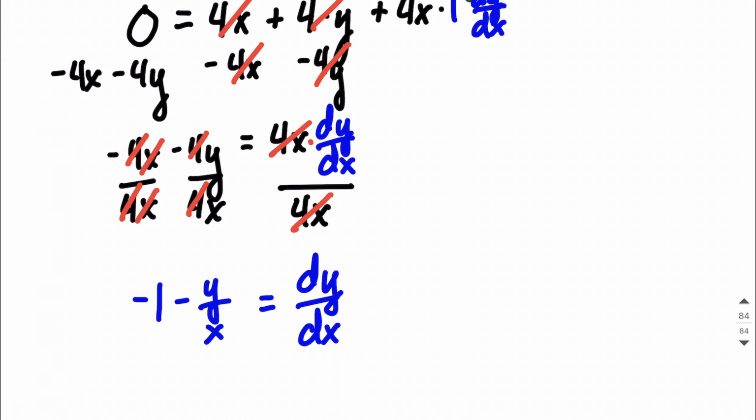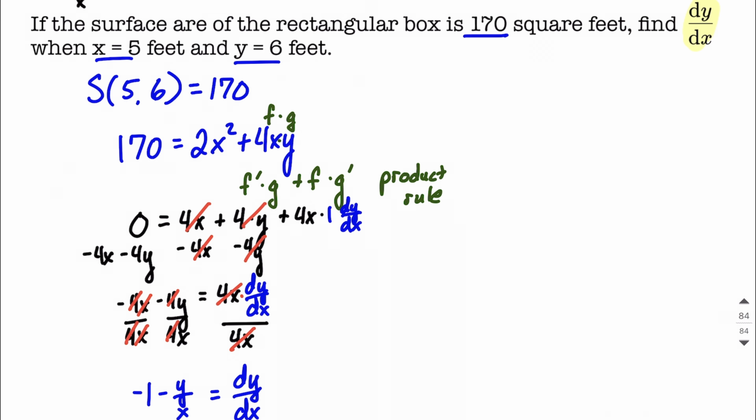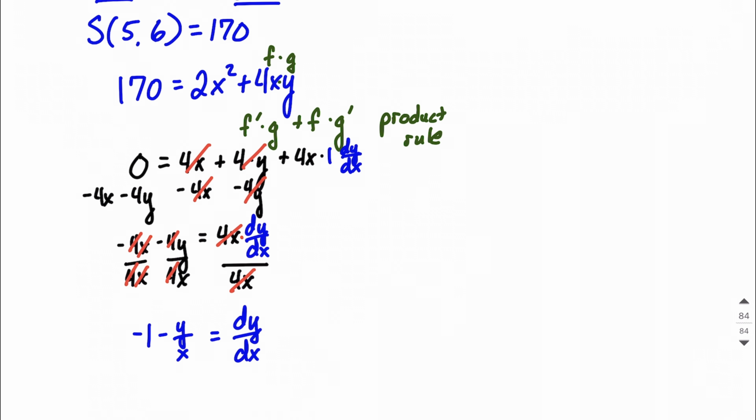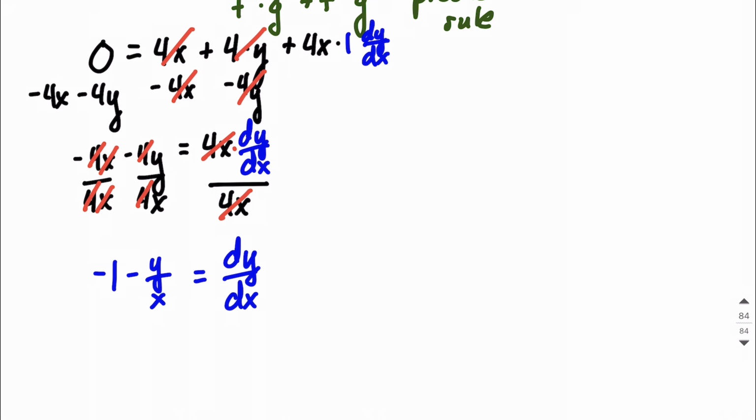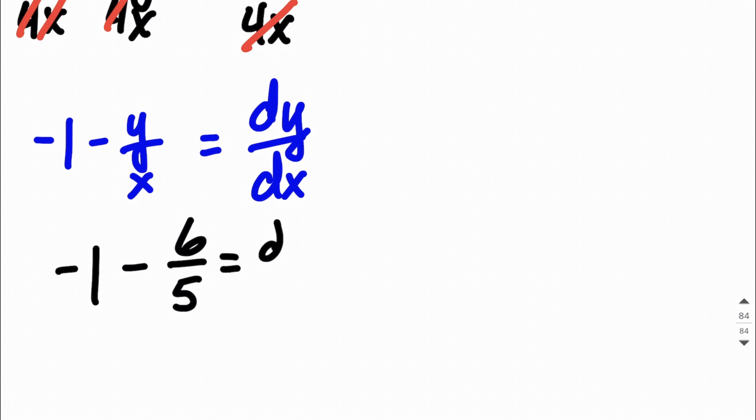All right, to finish this one up, what we're going to do is go back up here where they said use x equals 5 and y equals 6, and we're going to plug those values in for our x and y. So down here, let's replace, remember we said this is going to equal negative 1 minus 5 for x and 6 for y.